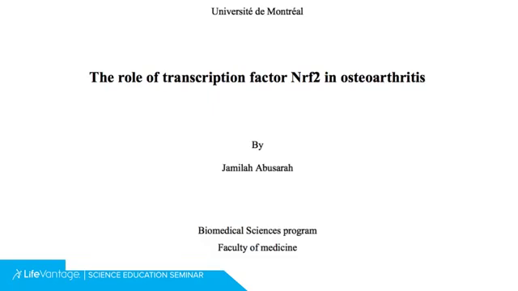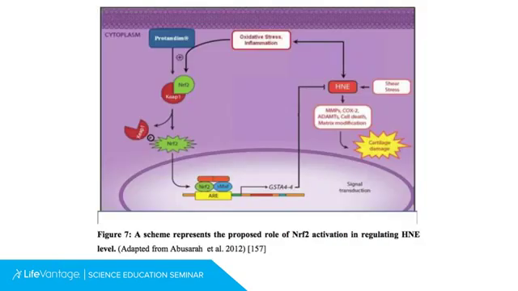Here was another PhD thesis from a person from University of Montreal, looking not at cancer, but rather at arthritis, osteoarthritis. And there's this one particular protein called HNE that is involved with cartilage damage in osteoarthritis.